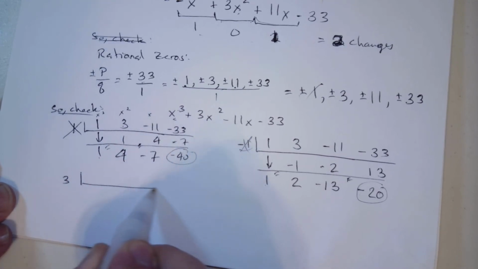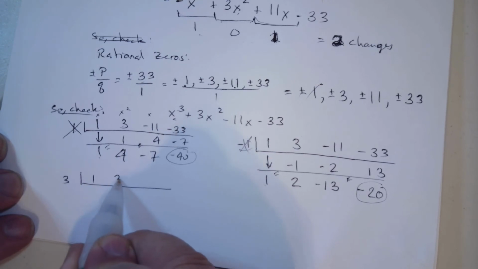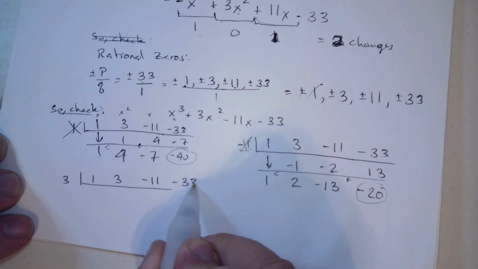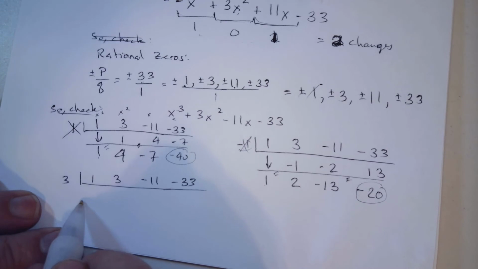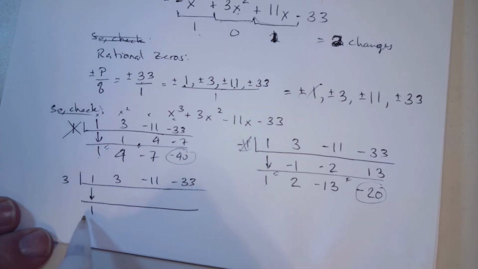Positive 3. Our coefficients are 1, 3, negative 11, negative 33. Bring down the first one. 3 times 1 is 3. Add those, you get 6.